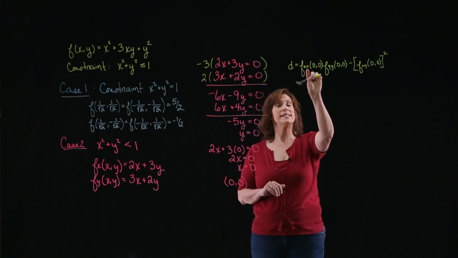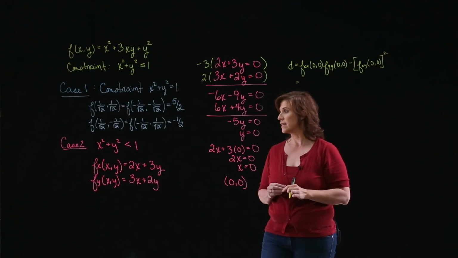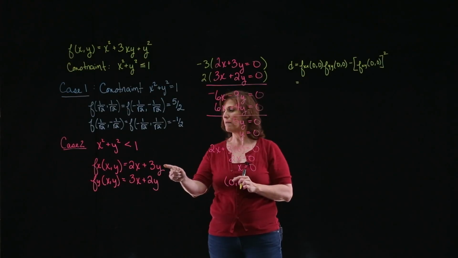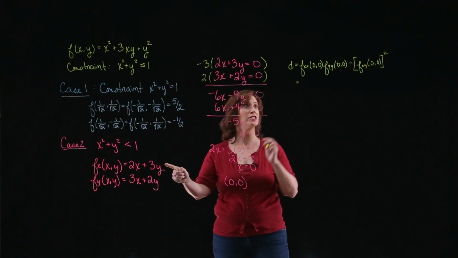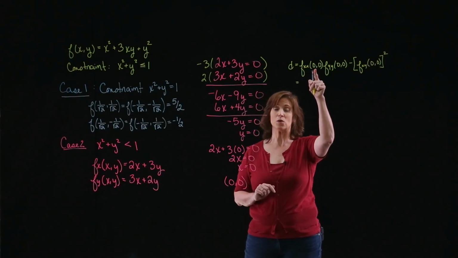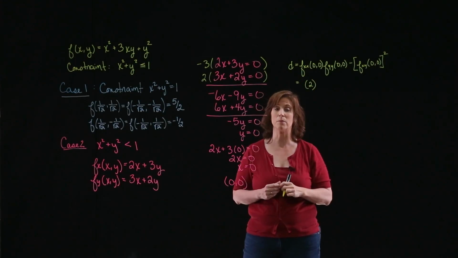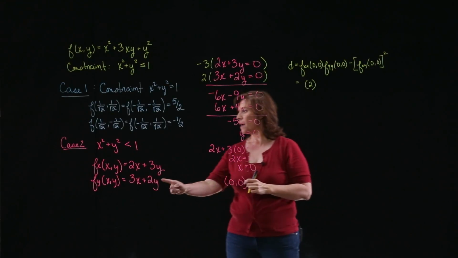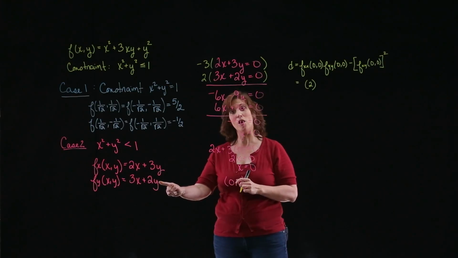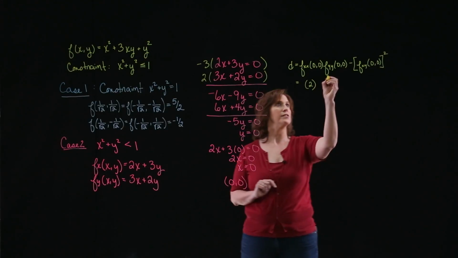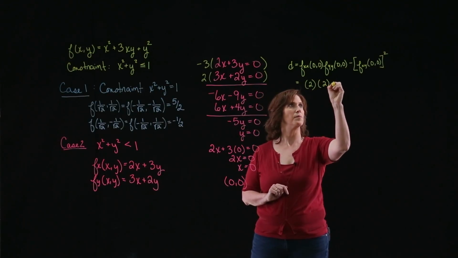So what's the second partial of f with respect to x? Well, here's my first partial. My second partial with respect to x is just going to be 2, and it's going to be 2 no matter what the input value is. So at 0, 0, that second partial is a 2. My second partial with respect to y is also a 2 at any point. So this value is also a 2.